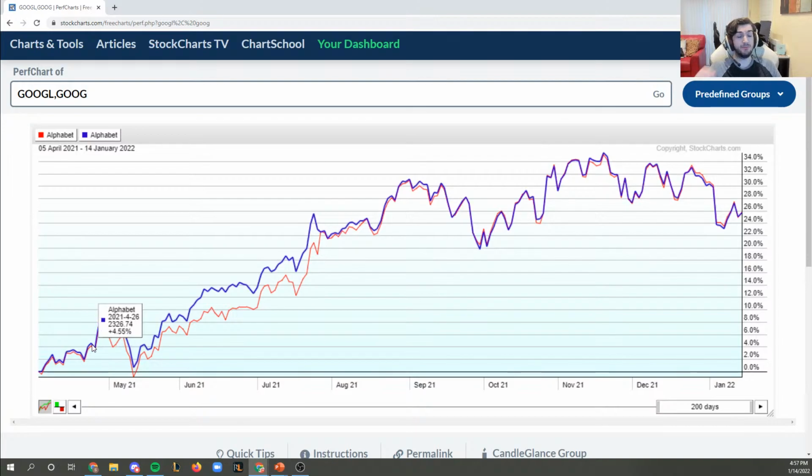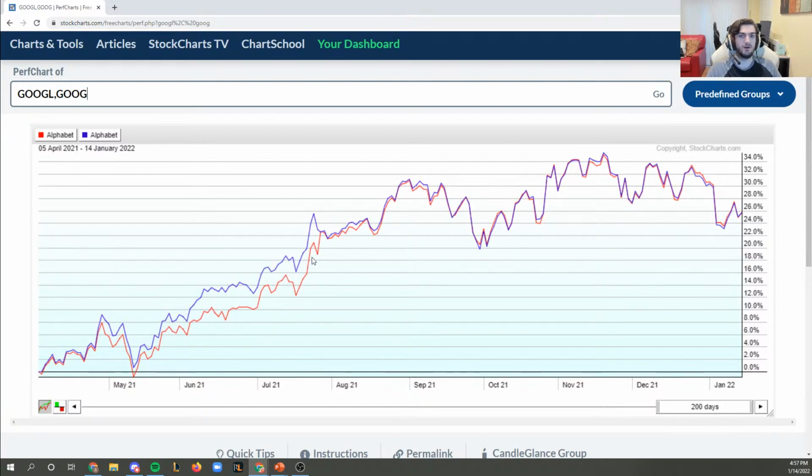Back in April of 2021, Google announced that they would be buying back Class C shares, only Class C shares, at a premium. So they would give you the price of the share and extra to buy you out. So all of those non-voting shares started to be more expensive.